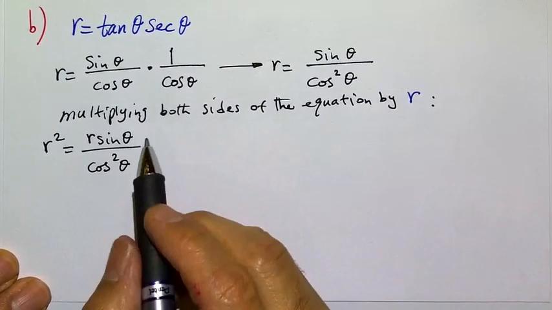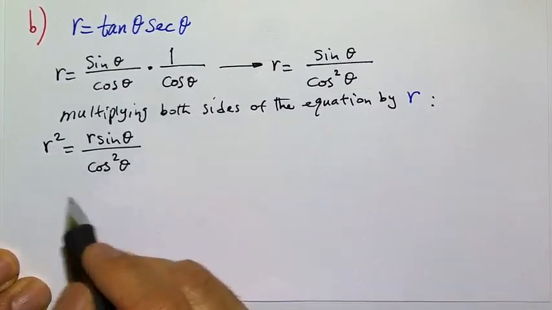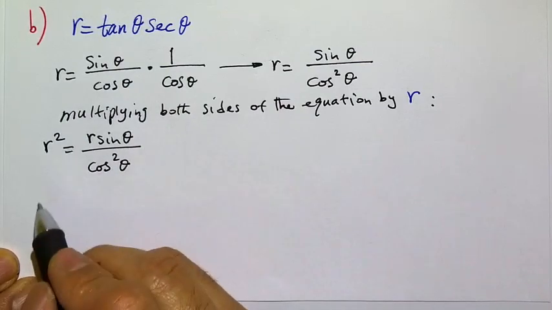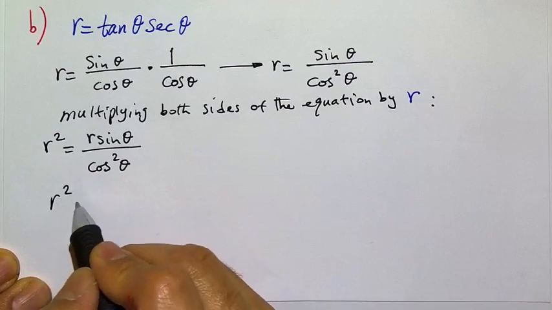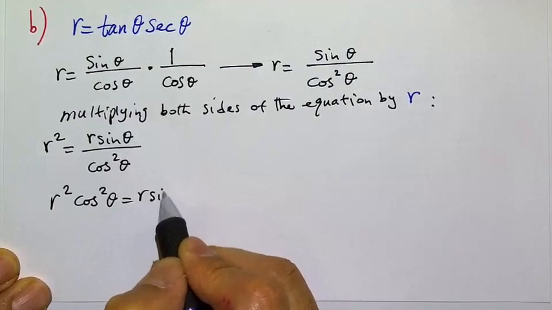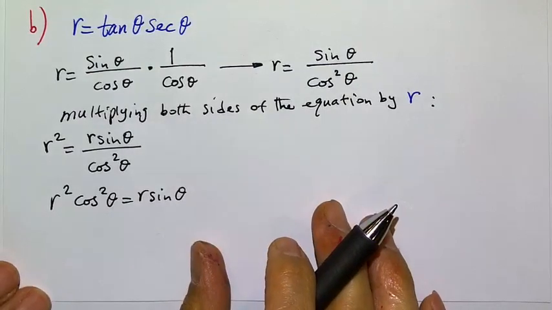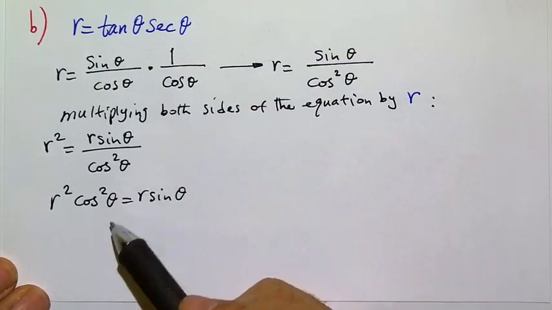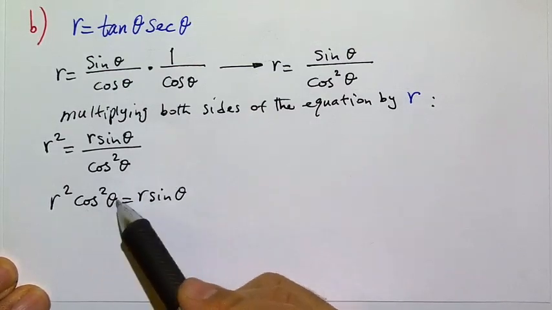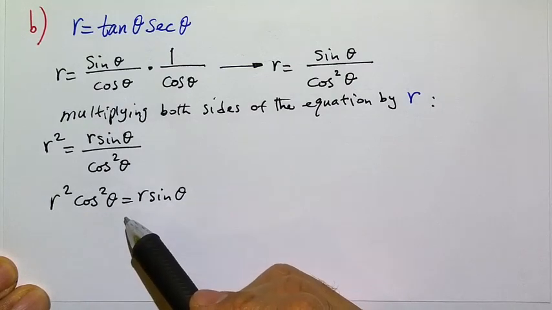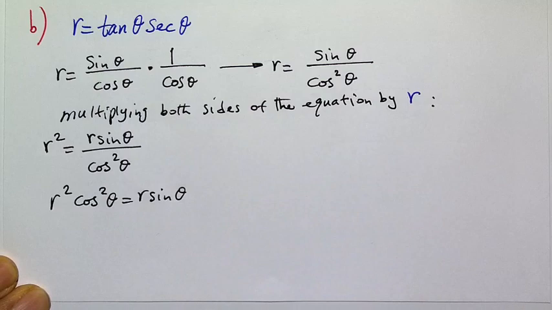Okay. So now let's cross multiply, or multiply both sides by cosine squared theta. Either way you want to think of this. So we'll get r squared cosine squared theta equals r sine theta, right? Then notice that as much as possible, we want to write this equation in terms of r times sine theta or r times cosine theta, because then those two are equivalent to y and x respectively.